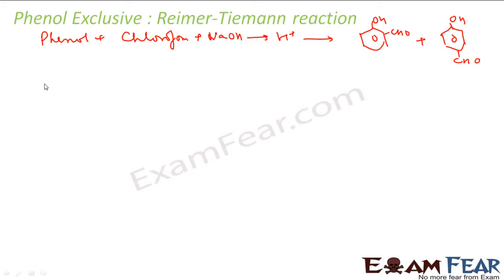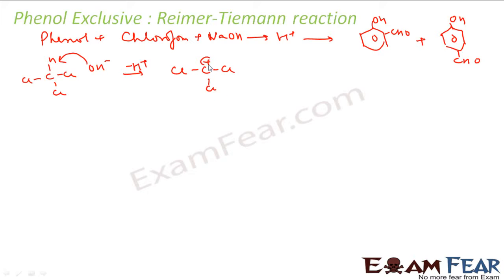Let's see the mechanism here. First we have CHCl3. In this, my OH minus attacks, right? This has more electrons, so it attacks and pulls that hydrogen. So I'm left with the molecule minus H plus.